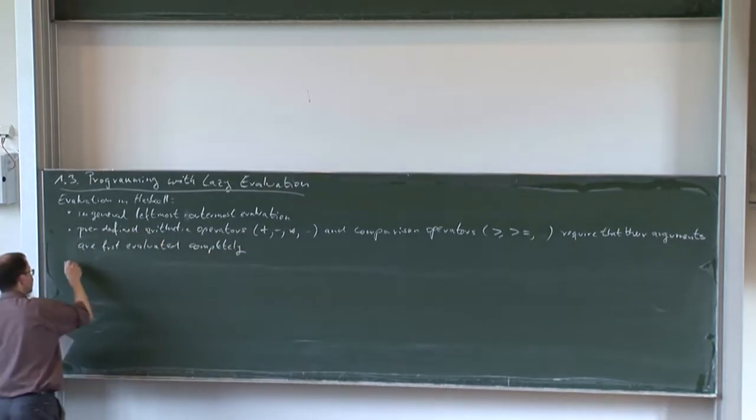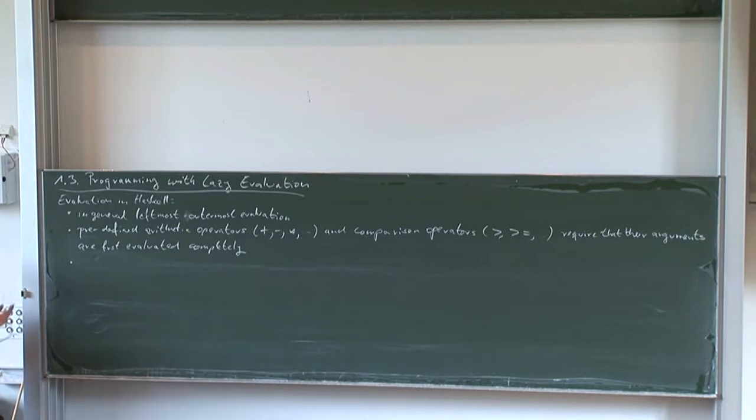And we've also seen that, okay, we do leftmost, outermost evaluation, but sometimes in order to find out which defining equation of a function you can apply, you have to evaluate the arguments a little bit. So when you do pattern matching, in order to find out which pattern actually matches, the arguments have to be evaluated sometimes. But then we don't evaluate them completely, but only as much as needed.